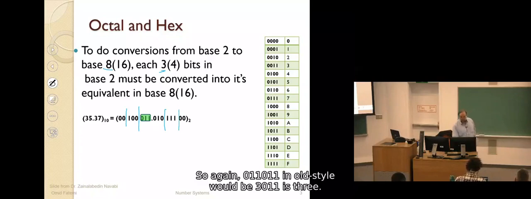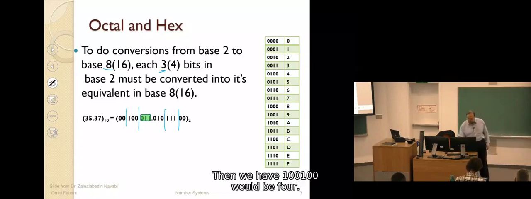So again, 0, 1, 1 in octal would be 3. Then we have 1, 0, 0, which would be 4. We have 0, 0, so it is 0.